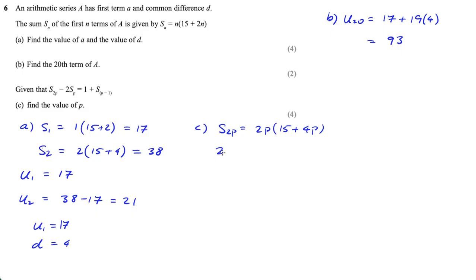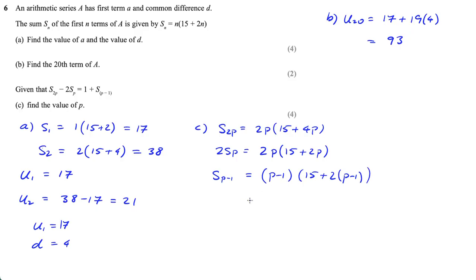And then 2SP is just going to be 2 times P. I'm just subbing P in here. So it's 2 times P, 15 plus 2P. And then S(P minus 1) is equal to P minus 1 times 15 plus 2 times (P minus 1).